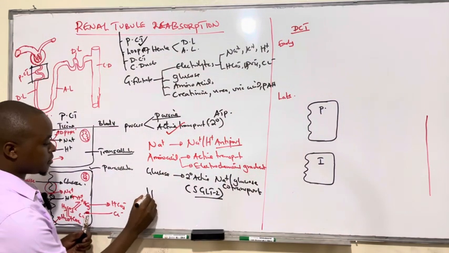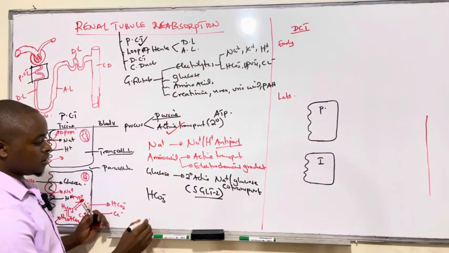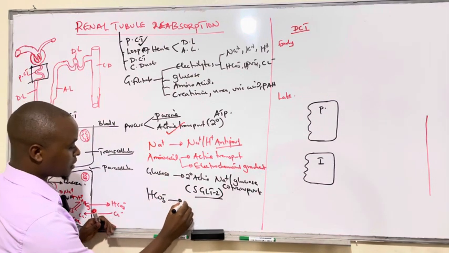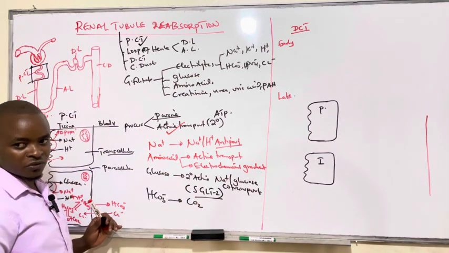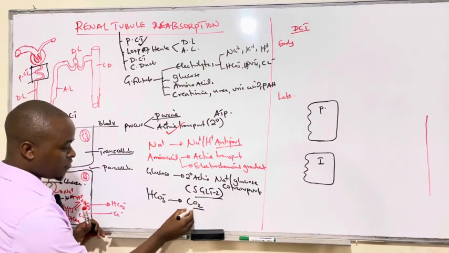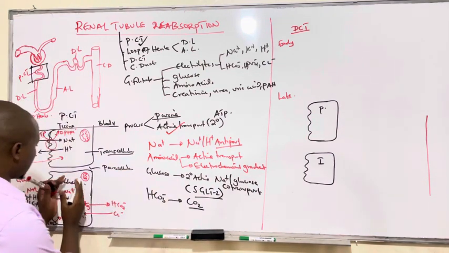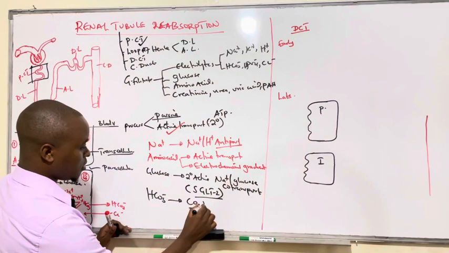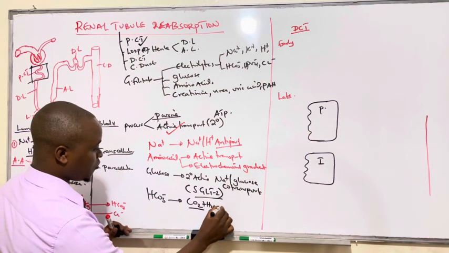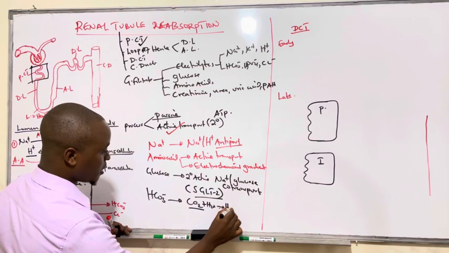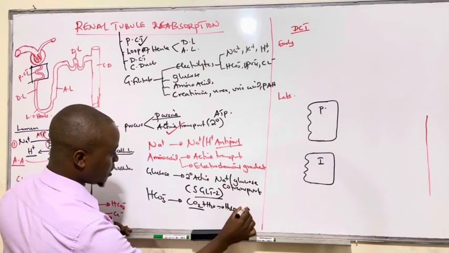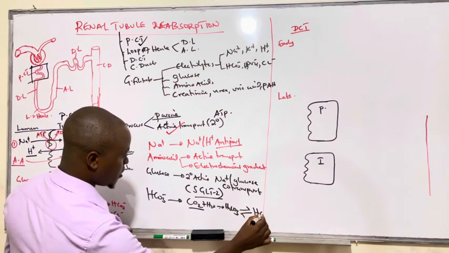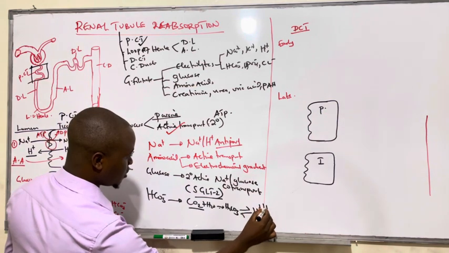bicarbonate ions in the lumen are reabsorbed in the form of carbon dioxide. And after being reabsorbed in the form of carbon dioxide, when they reach the tissue, they combine with water to form weak carbonic acid, which dissociates again to give bicarbonate plus hydrogen ions.